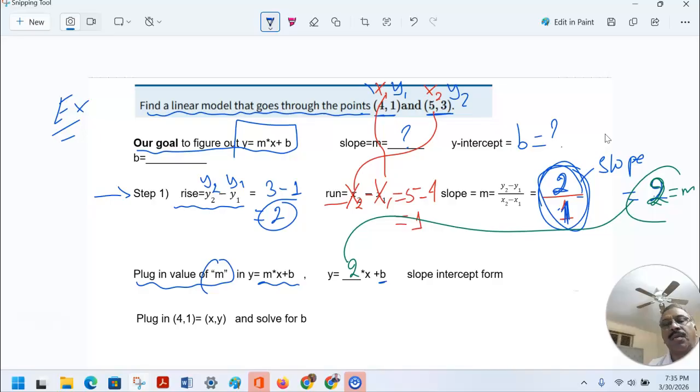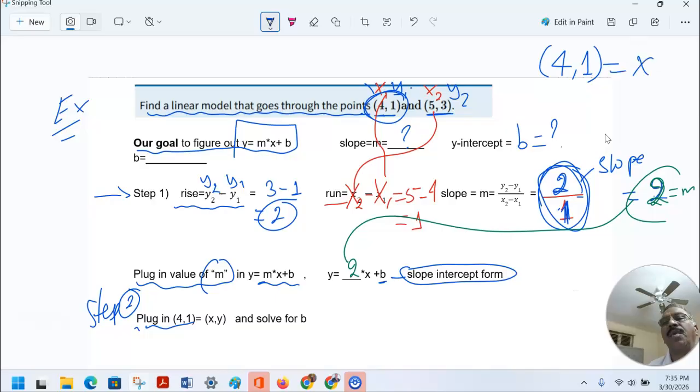This is the slope intercept form, but what you do next is step number 2. I think I forgot to write step 2. Plug in this first point, which is 4. You could do the second point also. I'm going to call this xy also, and plug it into this equation.